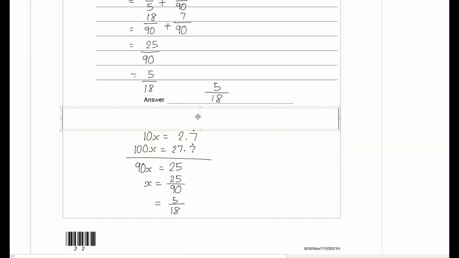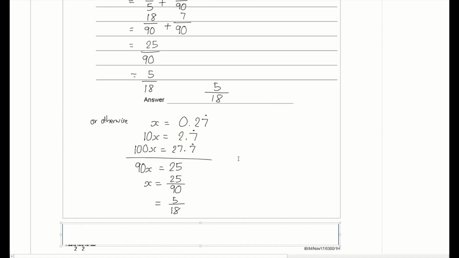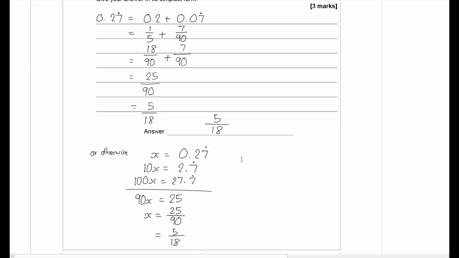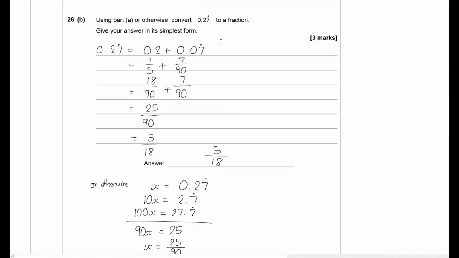Now, it also said or otherwise in the question, so there were other options available. The or otherwise that they're really referring to is the algebra method. So what we do is we let the original recurring decimal equal x. You could let it equal any letter you like, but x is what you'll usually see in a textbook.